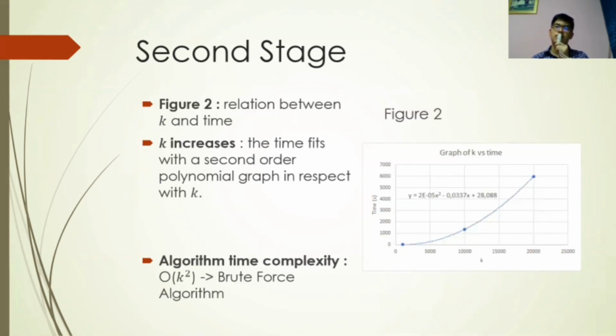Figure 2 shows the relation between k and time. As k increases, the time fits with a second-order polynomial graph with respect to k. Therefore, the algorithm time complexity is O(k squared), as expected from the brute force algorithm.